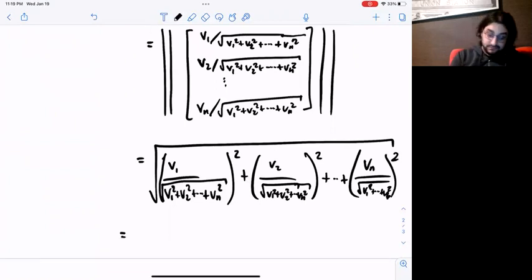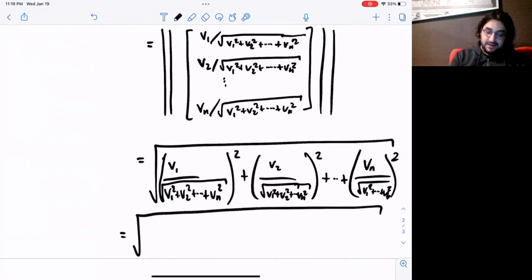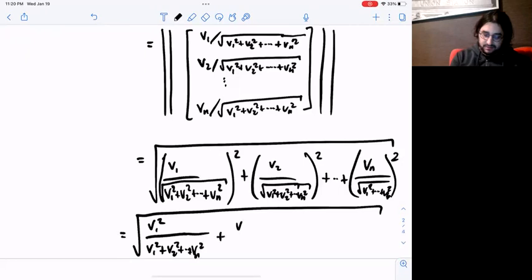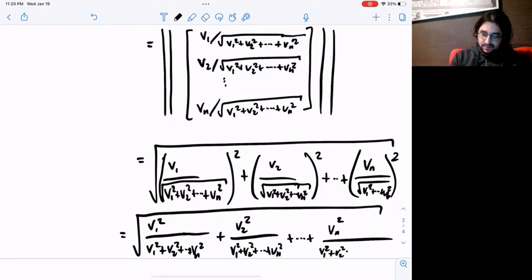When I do that here, the tops all become squared, and on the bottom it cancels the square root in each and every case. Lots of dots here.